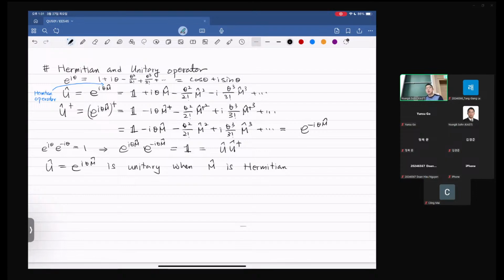So if you exponentiate a Hermitian M in that form with the i applied to it, then the resulting operator becomes unitary.